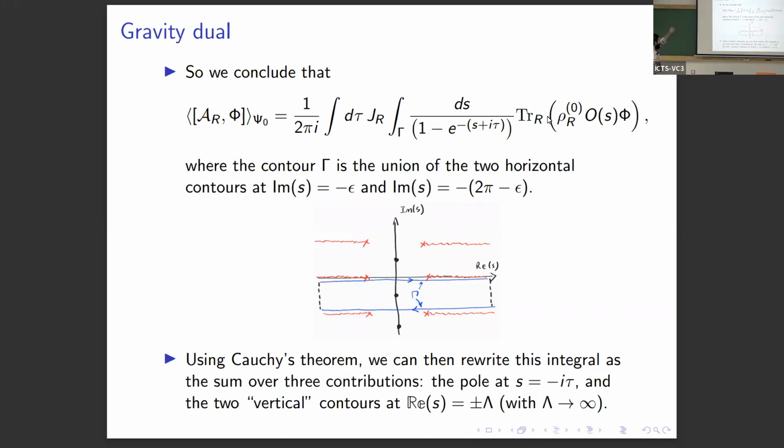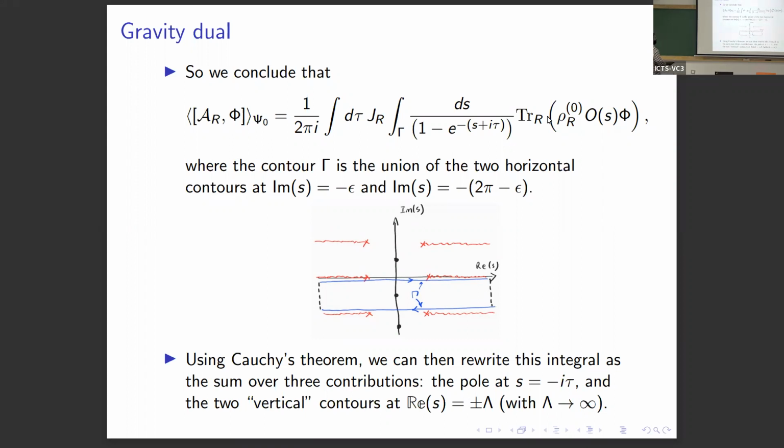In the present context, it's just real time because we are working around the thermofield double state, but more generally, this S will be a modular time. The contour is the blue one, going up like that, and then going down like that. You can imagine that's what happens because the thing you're trying to compute here is a commutator, so it's trying to pick out a certain discontinuity across these cuts.